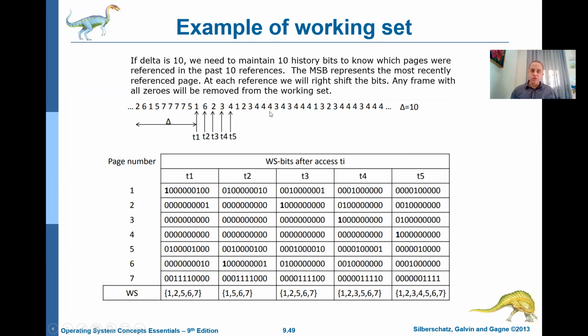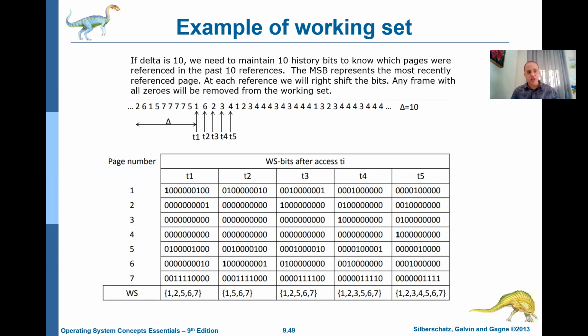So now I can keep track of exactly which references are in my working set. I have a method for doing it. There's a cost to this method. What is the cost? I have to constantly update these bits and shift them every single time I reference a page, which could be almost every operation.